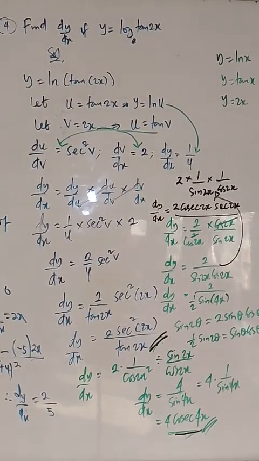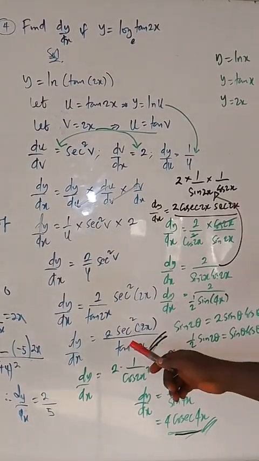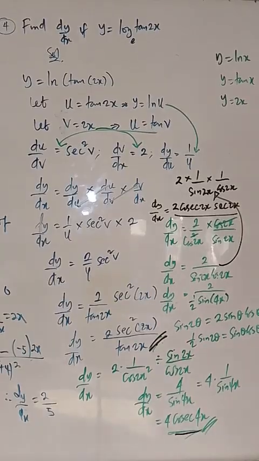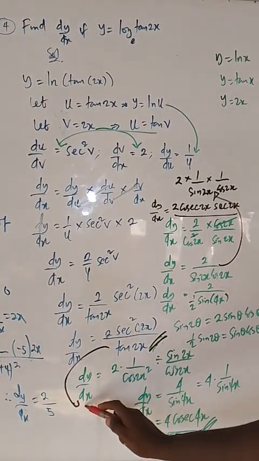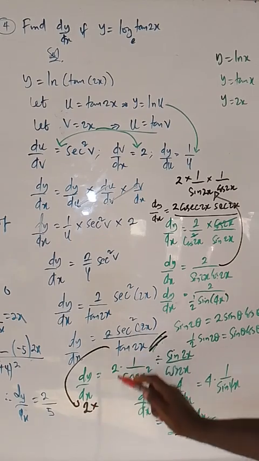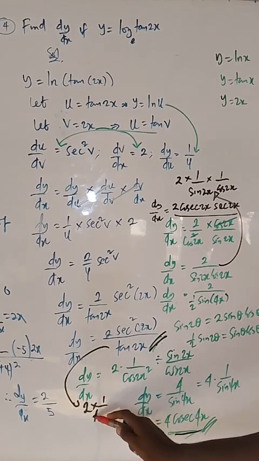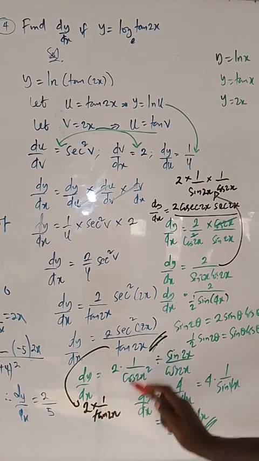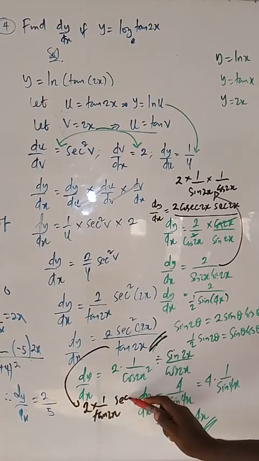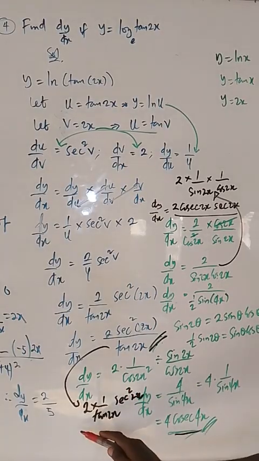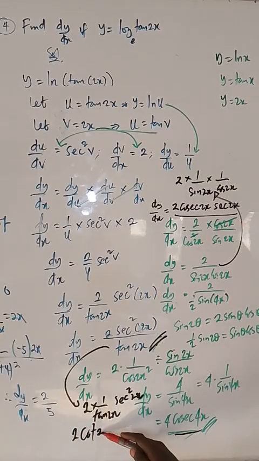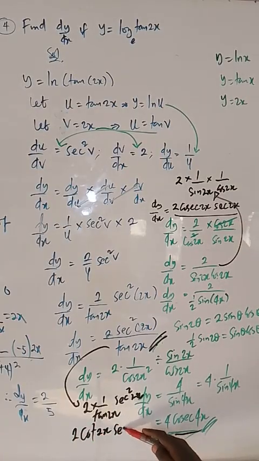Or from here directly, we can say this is 2 times 1 over tan 2x, then sec squared 2x. 1 over tan is cot, so the answer can also be 2 cot 2x sec squared 2x.